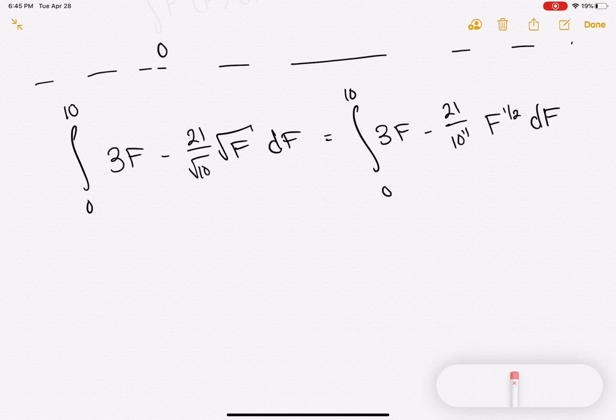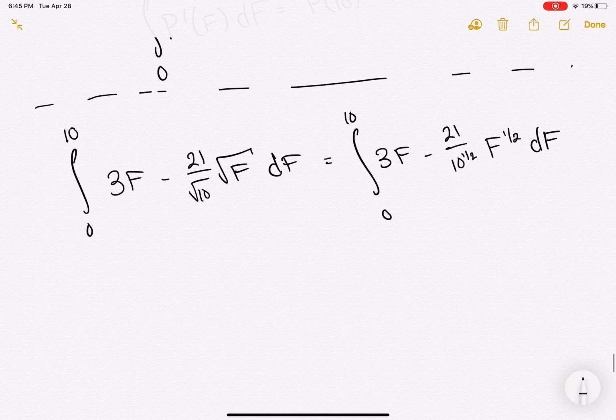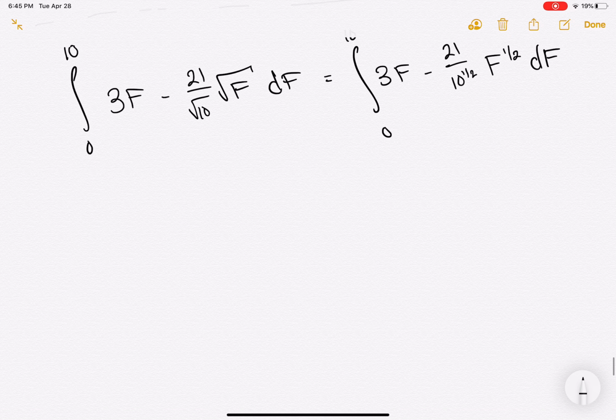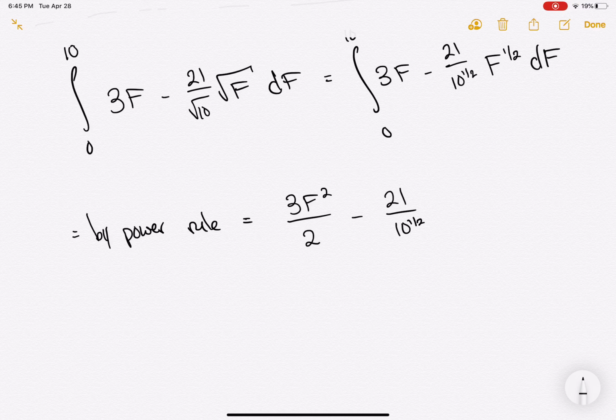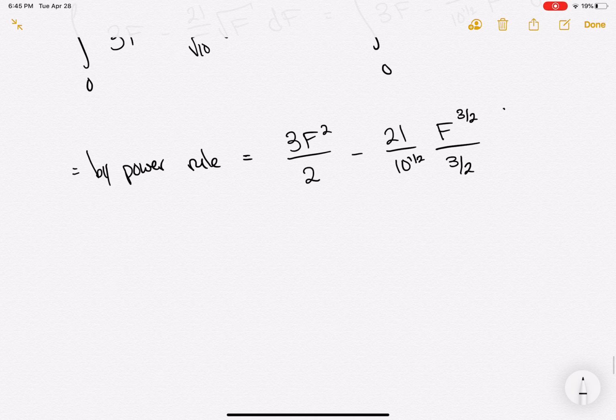And then we just use power rule. This is going to be 3F squared over 2 minus 21 over 10 to the 1/2 times F to the 3 halves divided by 3 halves, evaluated at 0 and 10.